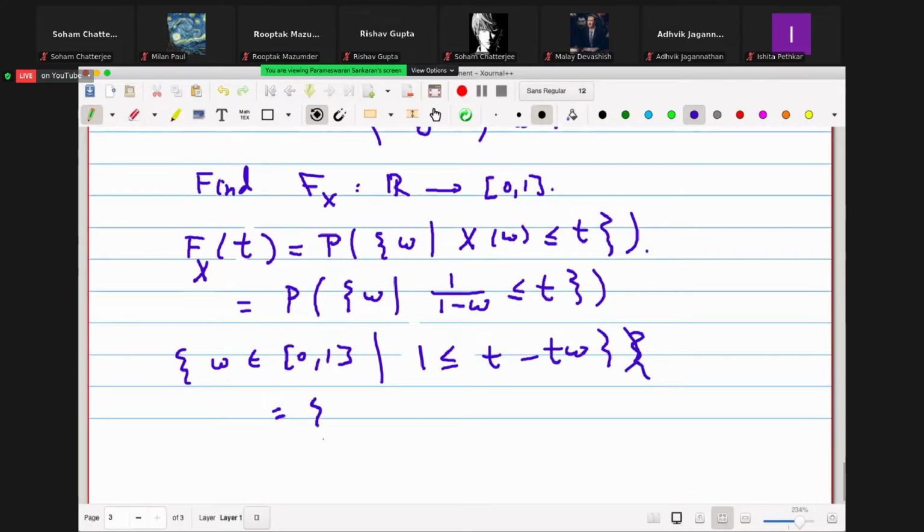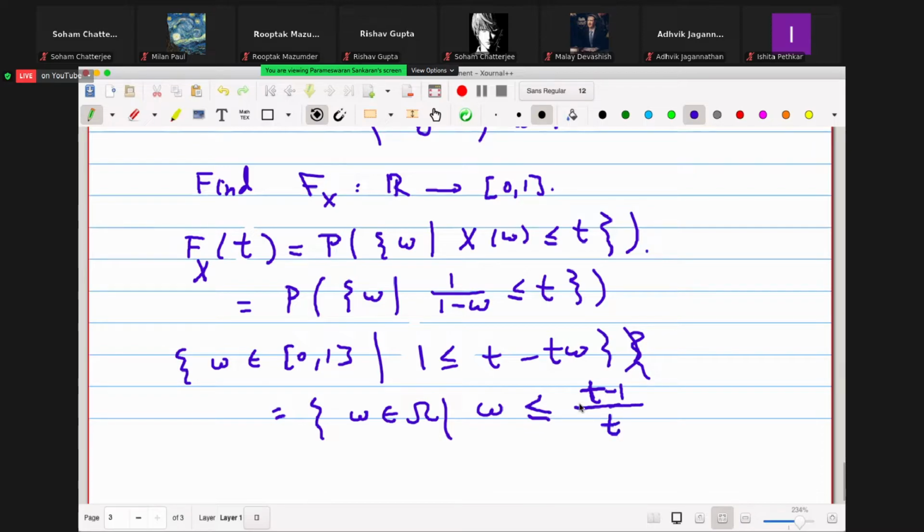So omega in 0, 1. You bring this to this side and this to this side, and then you write omega is less than or equal to t minus 1 by t. I'm now dividing by t.